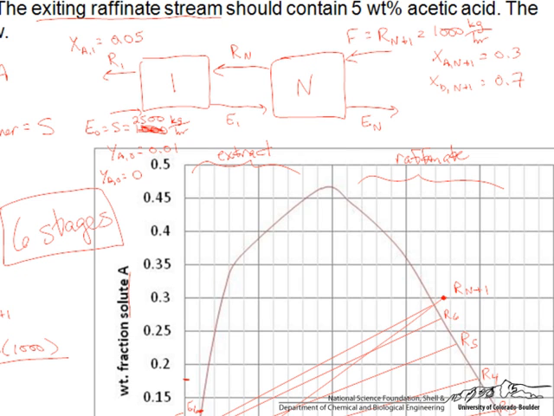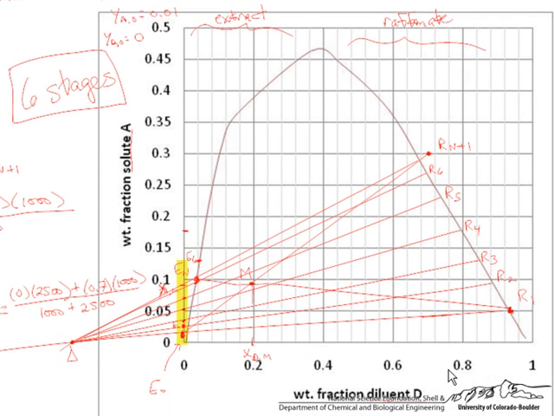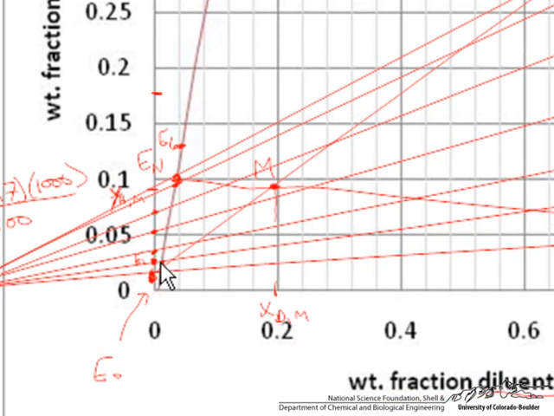Alright, after this screencast I realized that I put some of my extract points on the y-axis instead of on the saturated curve. So this point should actually be right here. This point should actually be right here. This point should actually be right here. We'll make it big, and this point should actually be right here. And I apologize for the confusion.